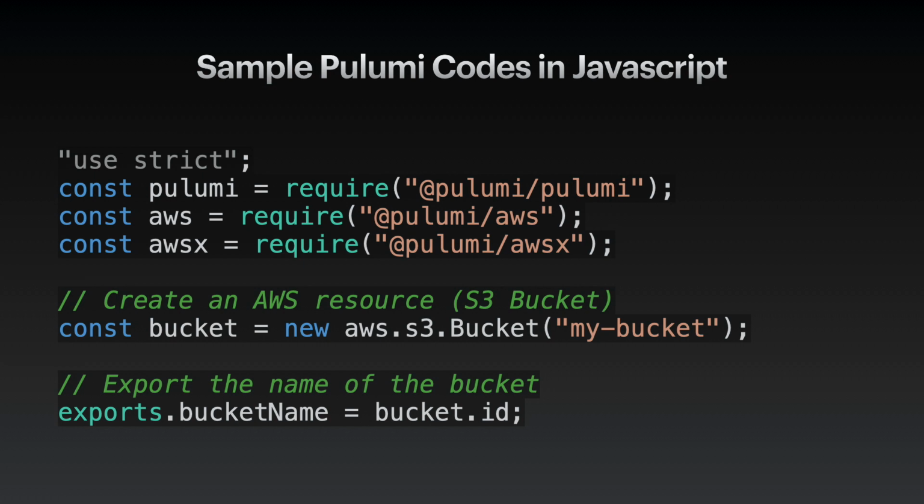Second, since a modern programming language like Python, JavaScript, and C# already has conditional statements, iteration and loops, and functions and methods, it is easy to embed some advanced functionalities around Pulumi codes. However, Pulumi is not without challenges.